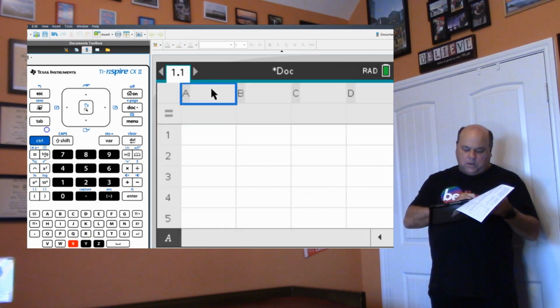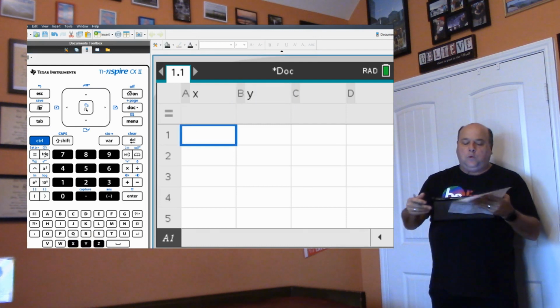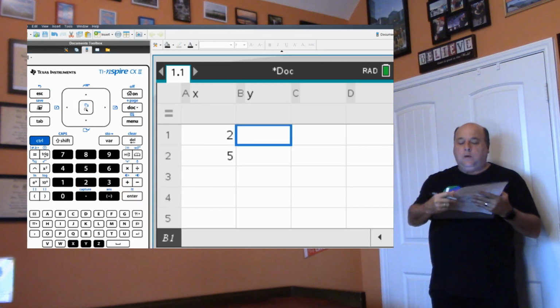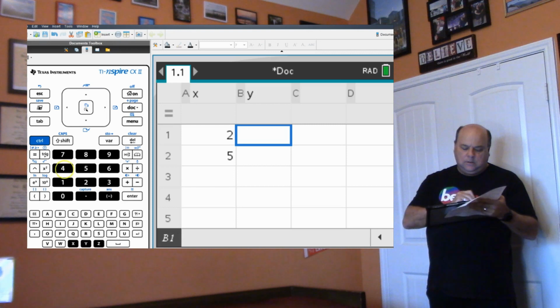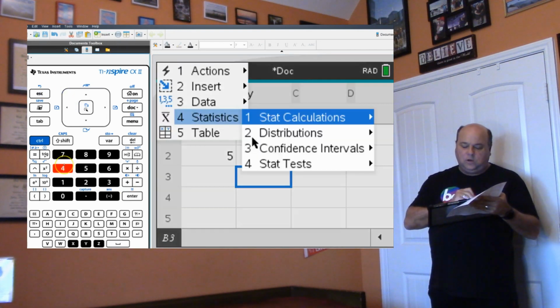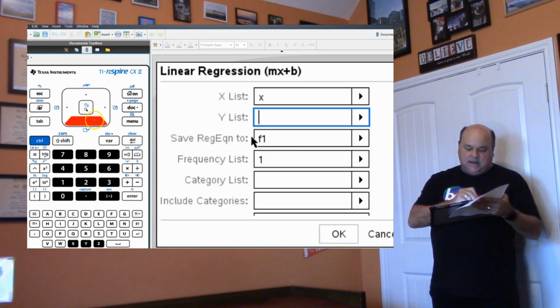Type in your X and Y. This won't take long. 2 and 5 are my X's. And then my Y's are 4 and 6. So menu, 4, statistics, stat calculations, linear regression, X down, Y down, and then hit enter.